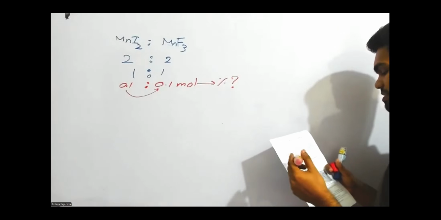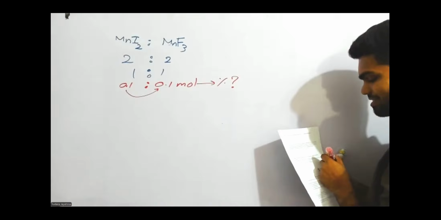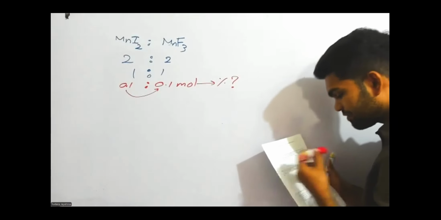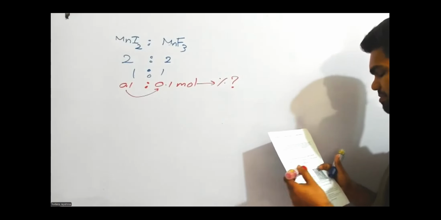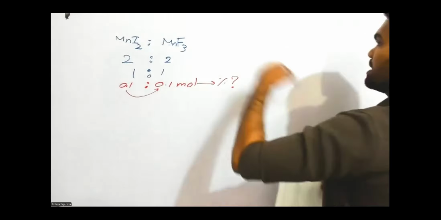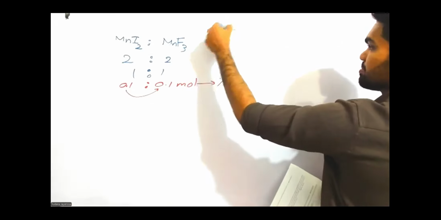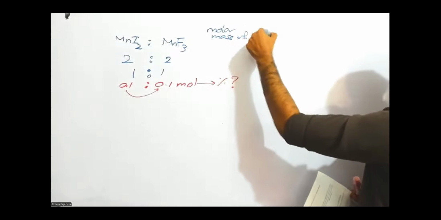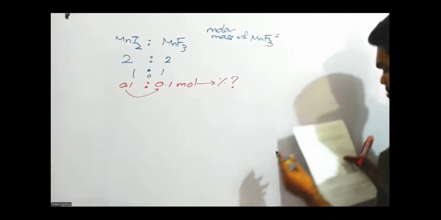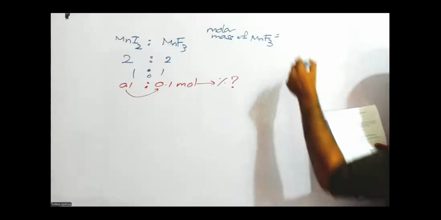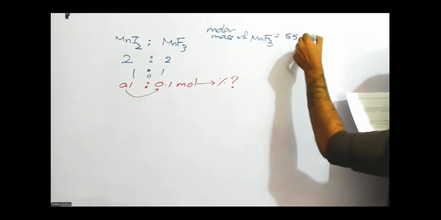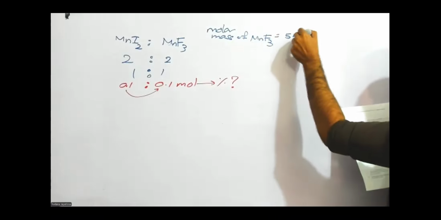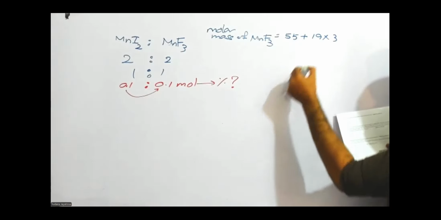Then you need the molar mass of MnF3 for that. Okay, so what is the molar mass of MnF3? The molar mass of Mn is 55, and F3 is 19 into 3.